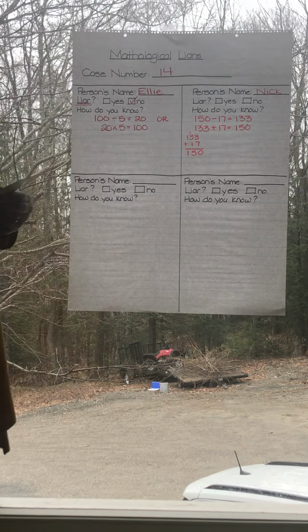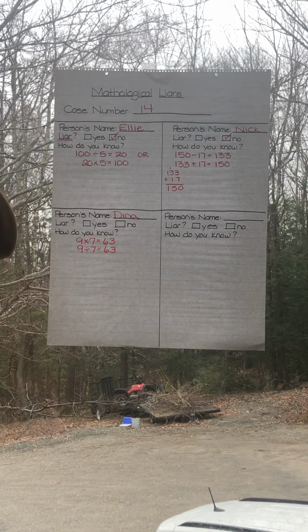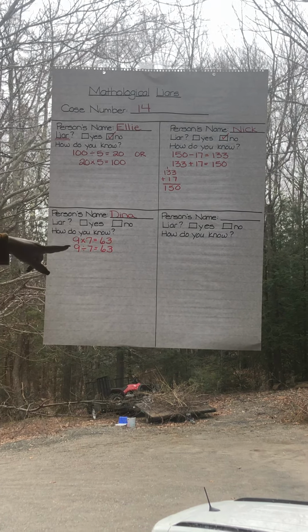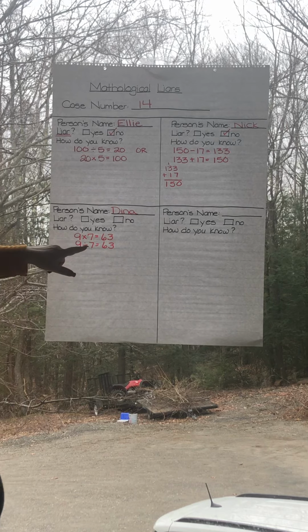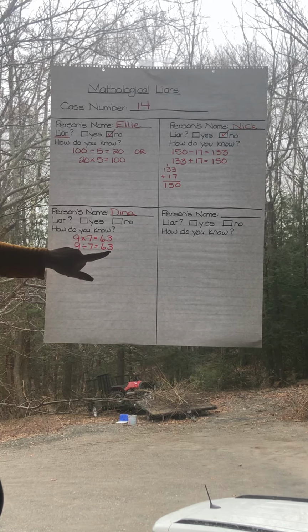Okay, so we have to look at Dina's math. Is that correct? 9 times 7, yep, that is 63. And so what she could say is they dove into the water 9 times in 7 days, and that's 63 times altogether. And then we look at this, 9 divided by 7 equals 63.